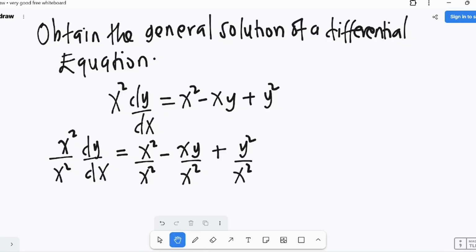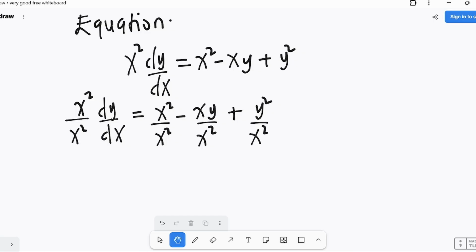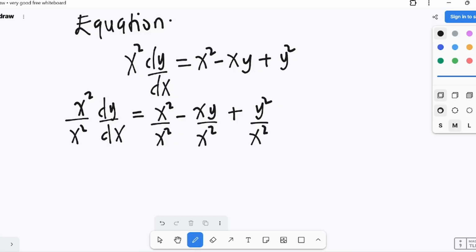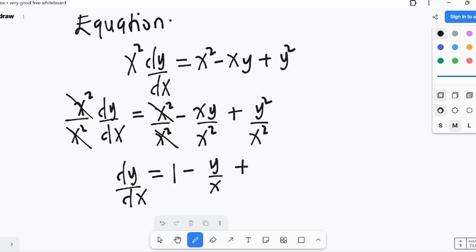Simplifying this, this cancels with that. So we have dy by dx is equal to 1 minus y out of x, and then plus y out of x, everything squared.